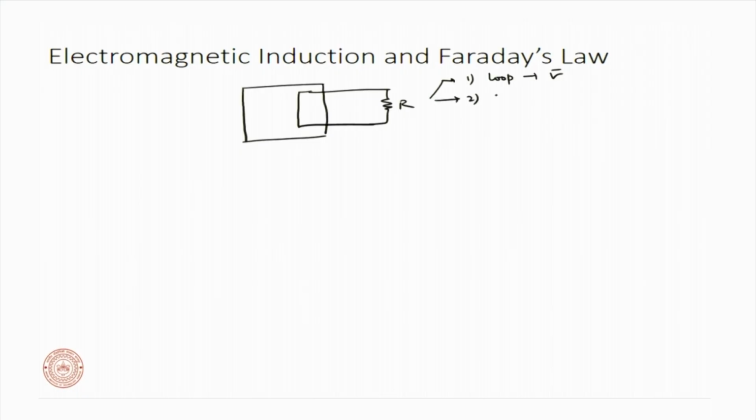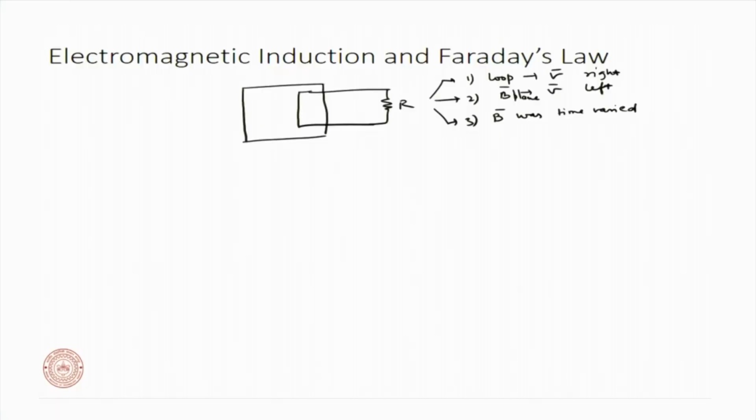Second was that this magnetic field source B was pulled to the left, B plane was pulled to the left with a velocity v, and the third case B was time varied. What you observed is in all of these 3, whether you are keeping the magnetic plane fixed and pulling the loop, whether you are keeping the loop fixed and pulling the magnetic plane, whether you are keeping both fixed and time varying the magnetic field, in all of them you observed that there was a current being induced within the loop. Okay, this was his observation.